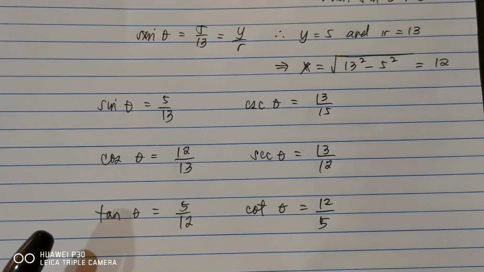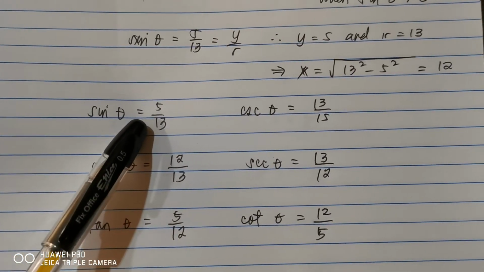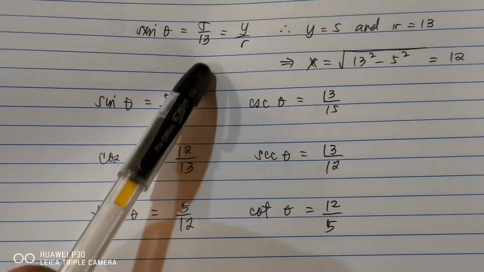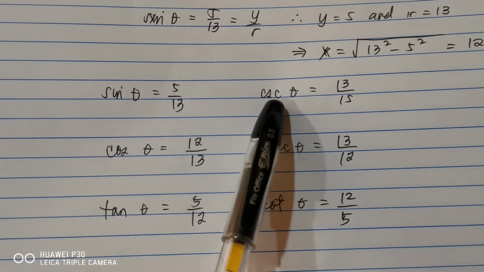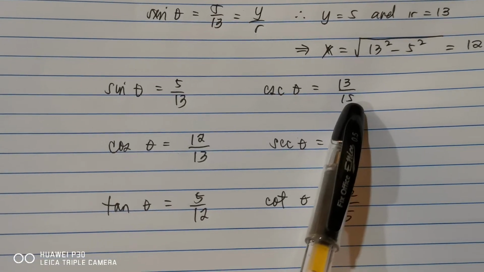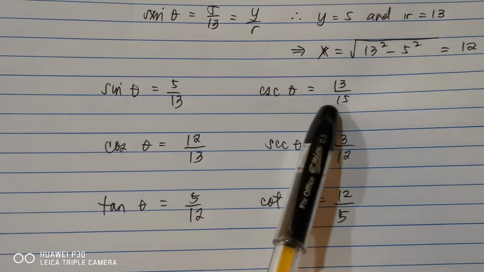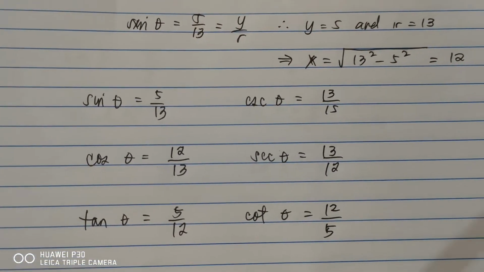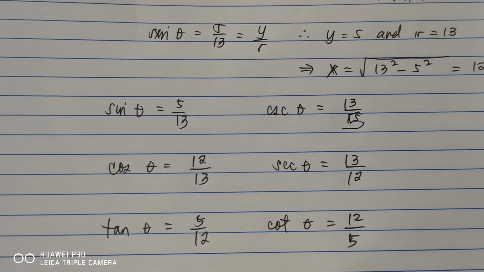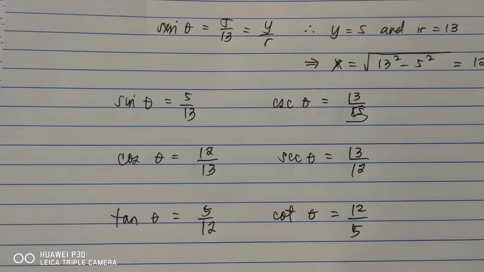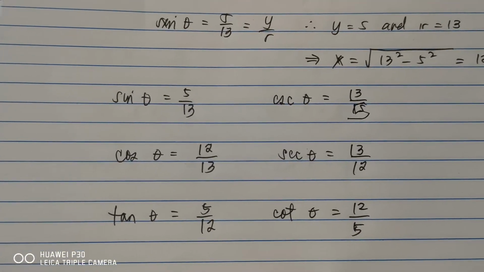So sine theta is equal to y over r, which was given, and the reciprocal of that is cosecant theta, which is 13 over 5. Sorry, that's 5. Cosine theta is equal to x over r.